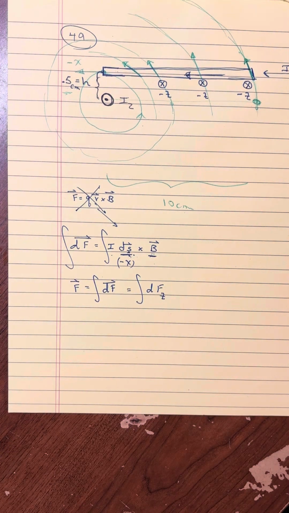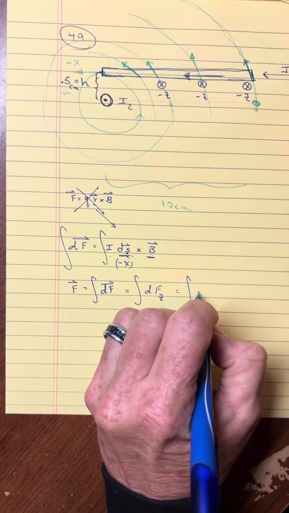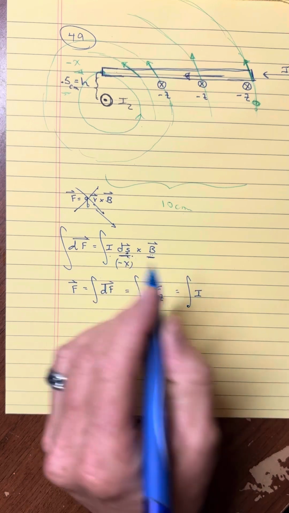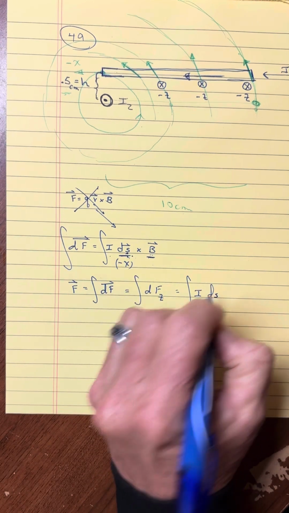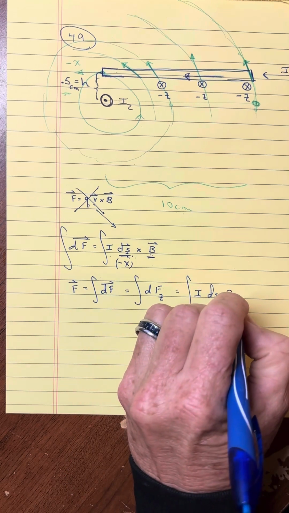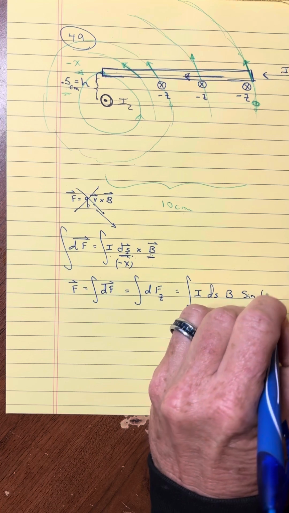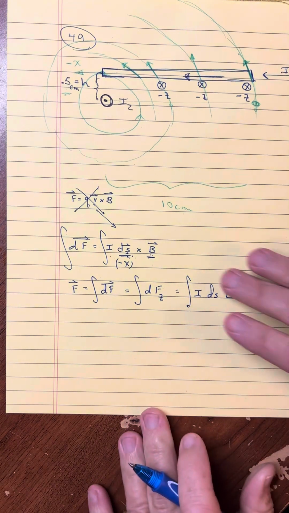Okay. So because of that, I'm going to have the little bit of length of the current, times the magnetic field, times the sine of the angle between them.